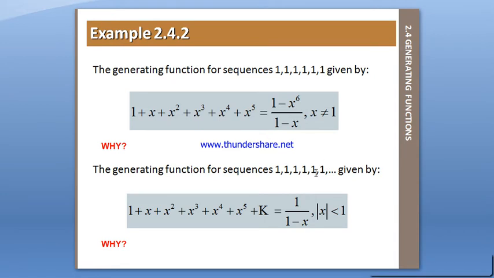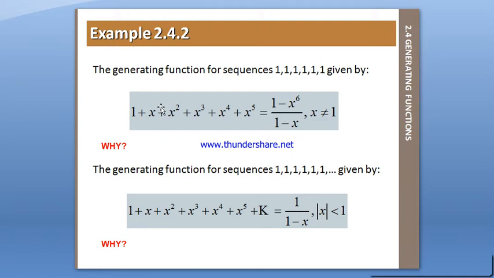Suppose we are given the finite sequence a0 equal to 1, a1 equal to 1, a2 equal to 1, a3 equal to 1, a4 equal to 1, a5 equal to 1. When we write the power series corresponding G of x, we can write it as 1 plus 1 into x plus 1 into x square plus 1 into x cube plus 1 into x power 4 plus 1 into x power 5. This is clearly a geometric series with the first term a equal to 1 and common ratio x.